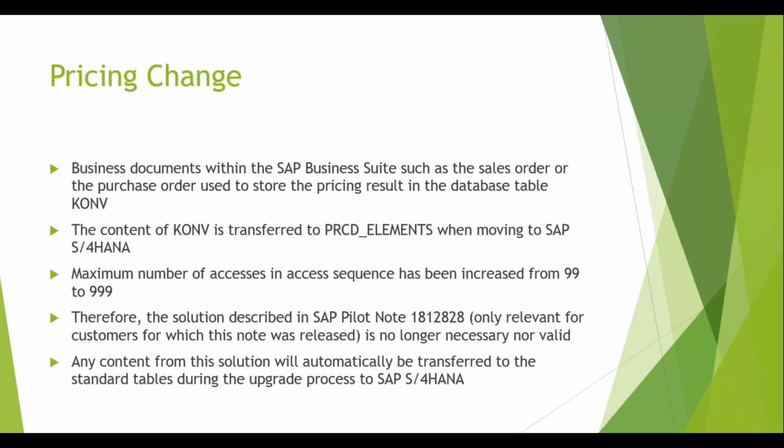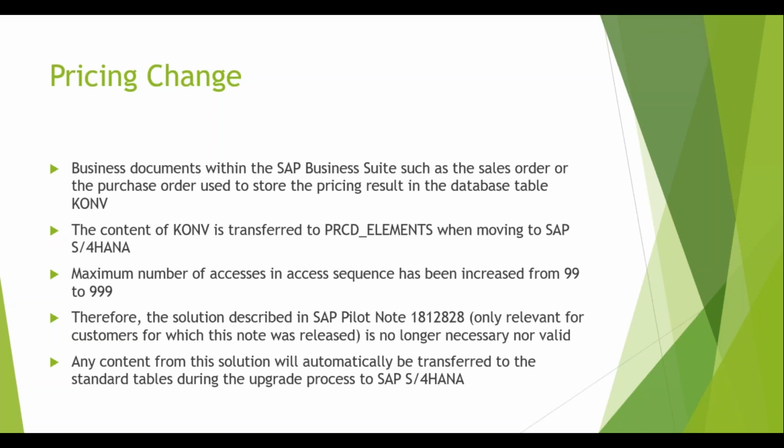Now coming to the conversion, for example, if we are implementing a new product, fine. When we are implementing SAP S4HANA for the first time, we don't need to worry, because KONV was never used, and all the transactions that you do will directly go to PRCD_elements. But what about in case of conversion?